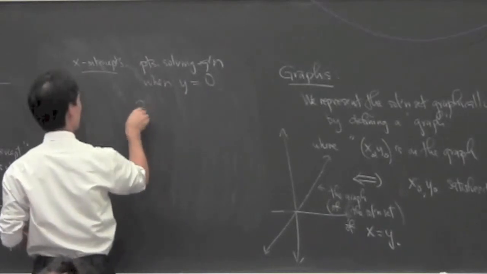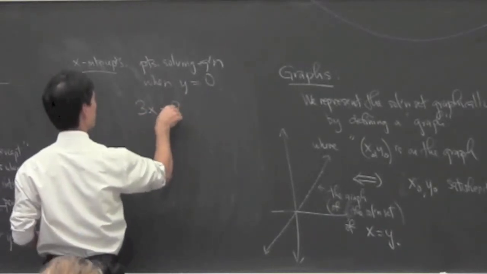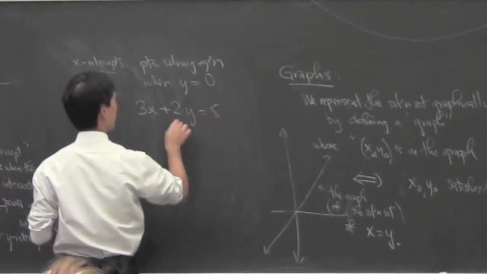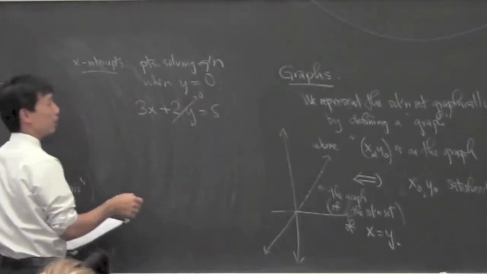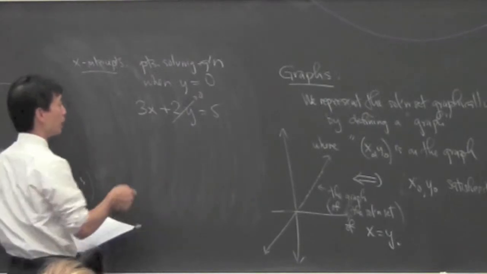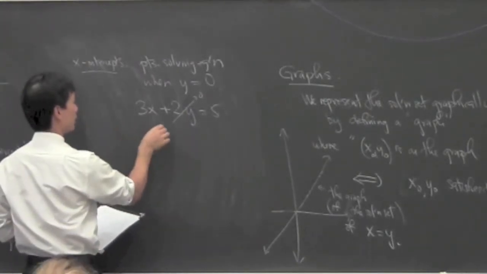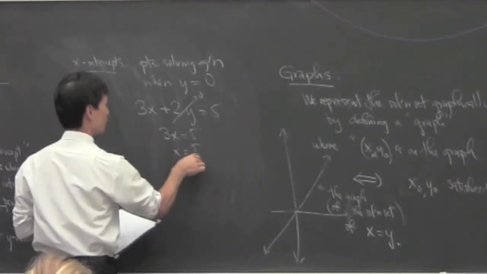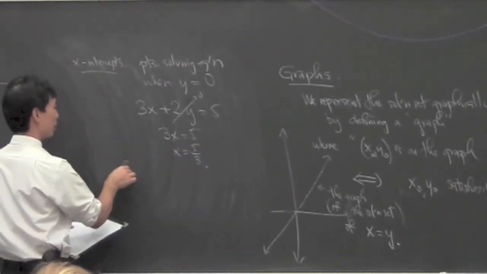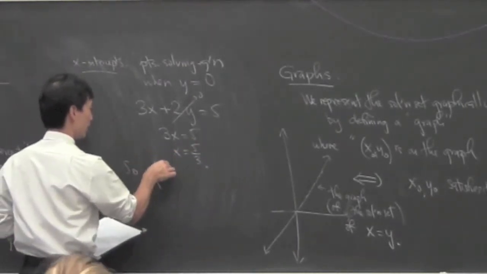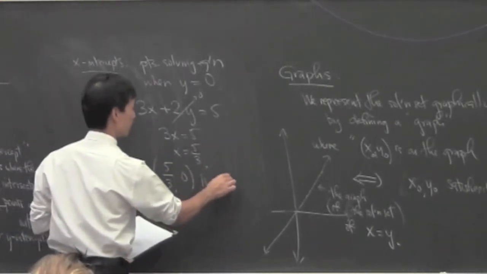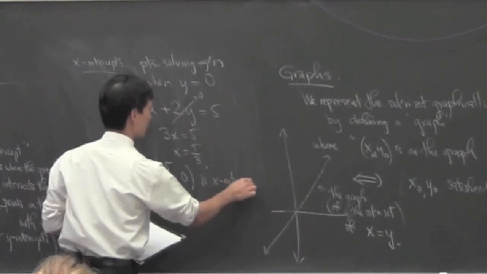So I look at 3x plus 2y equals 5 and set y equal to 0. Then 3x equals 5, so x is going to be 5/3. So I know the point (5/3, 0) is an x-intercept.